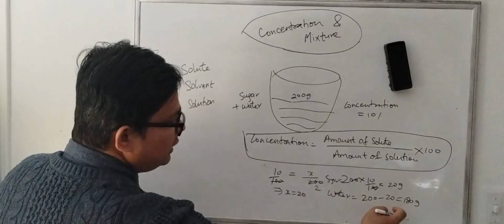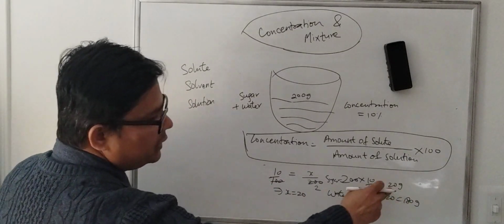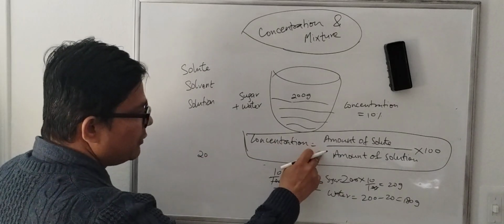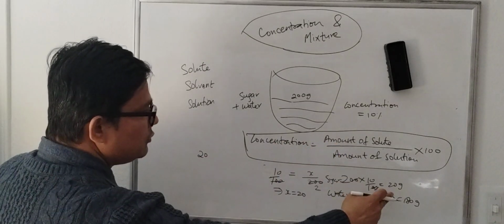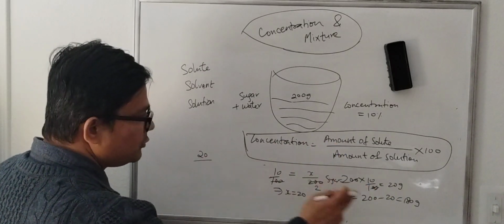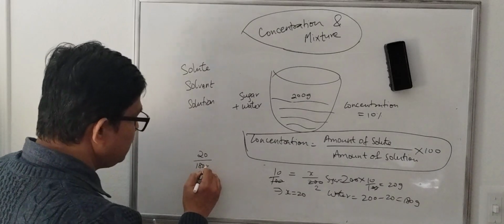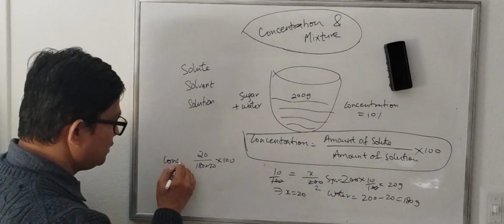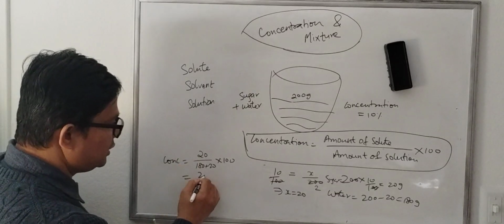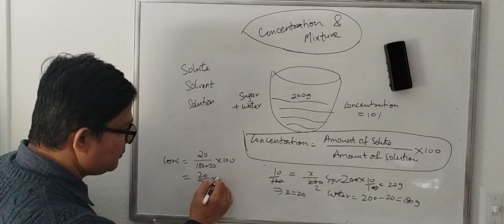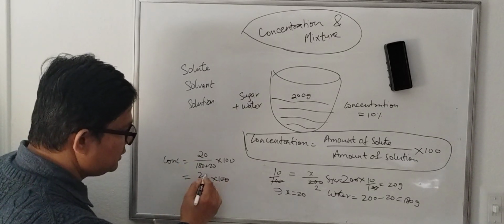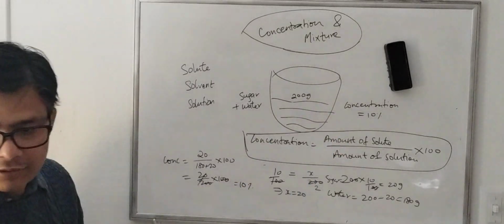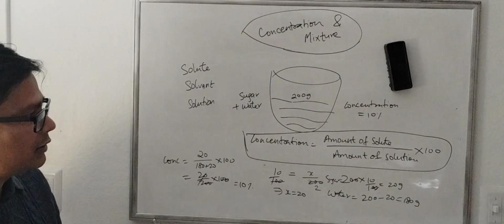Use this formula. The amount of solute is 20 gram and the amount of solution will be 180 plus 20, times 100. This is concentration, which is 20 divided by 200 times 100, which is 10. So that's what the question was saying. The concentration is 10%.